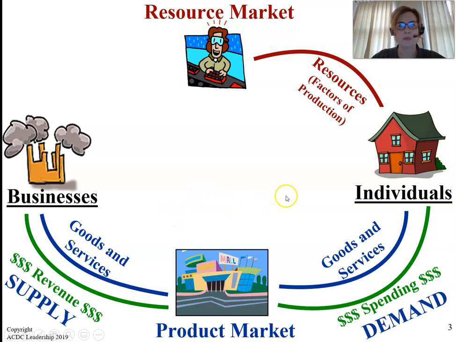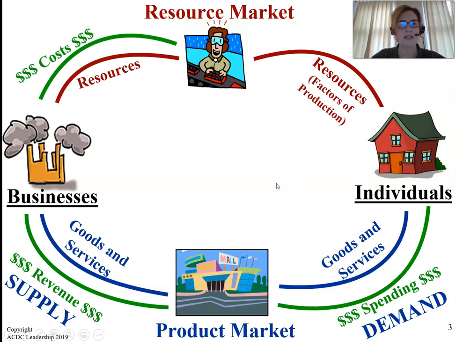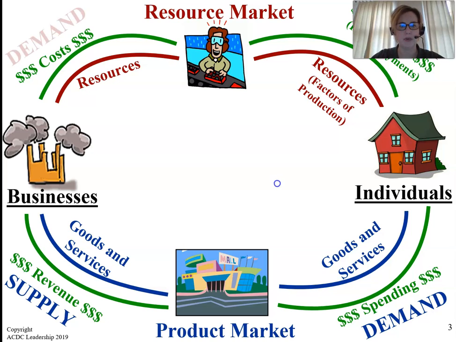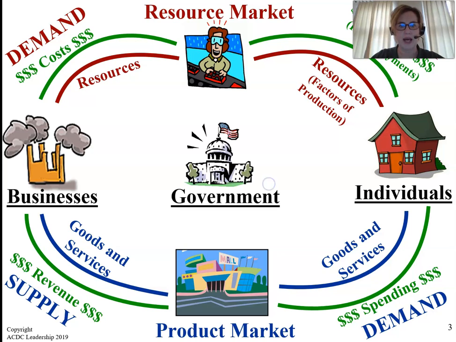In the resource market, individuals provide the factors of production to businesses. Businesses pay for those factors, and those are referred to as costs. And those costs become income for individuals. So we have demand and supply on both the resource side of the market as well as the product side.